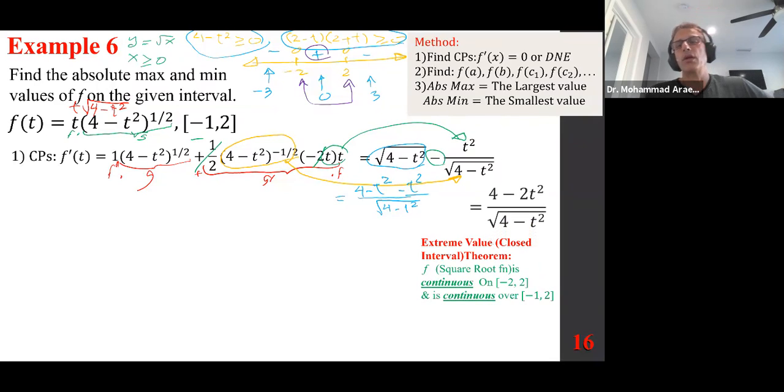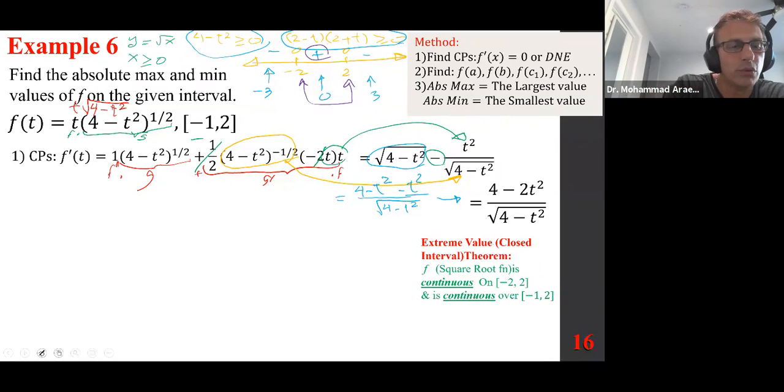So you get 4 minus 2T squared in the numerator. I hope you see that. So I'm going to repeat one more time. You multiply this one basically by the denominator, it just comes out. That's how you take a common denominator. This is elementary algebra. Minus T squared, now these two add up to minus 2T squared.